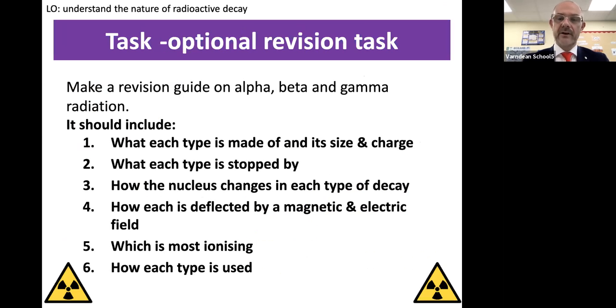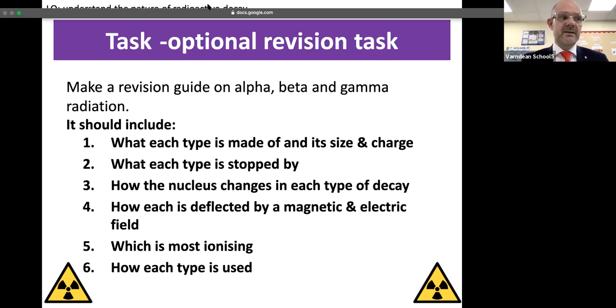Just going to click through this. Now, optional revision task, and it's key. If you couldn't already write out alpha, beta, gamma, what they are, write the symbols, describe them, talk about ionization and penetrating power, you need to make a revision resource on that. It's optional, but you need to know those things.